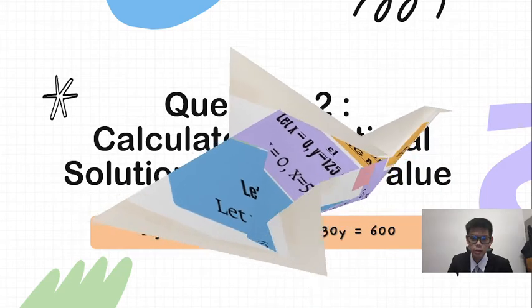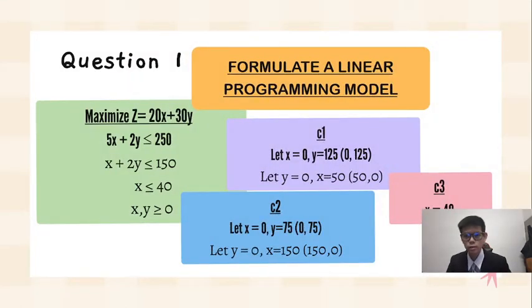Let me explain how we get these coordinates. For constraint 1, we assume x is 0, so 2y, we move the 2 to the other side, 250 divided by 2 equals 125. Next we assume y is 0, so 5 moves to the other side, 250 divided by 5 equals 50.